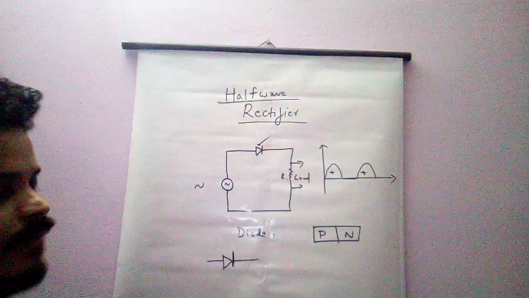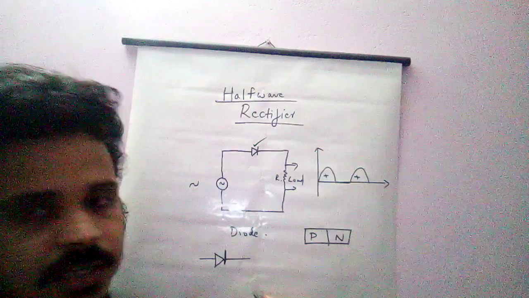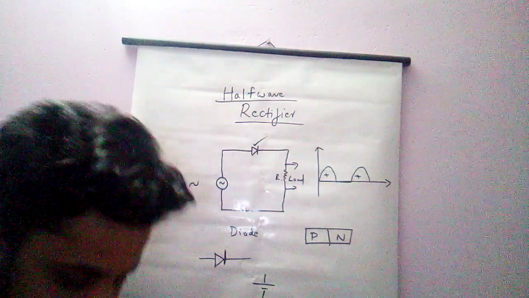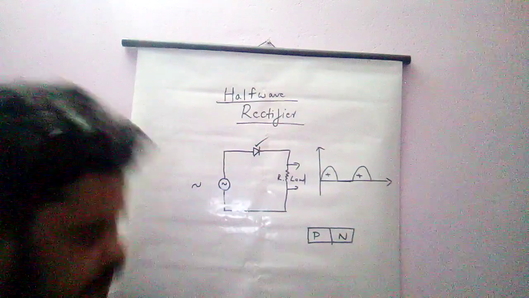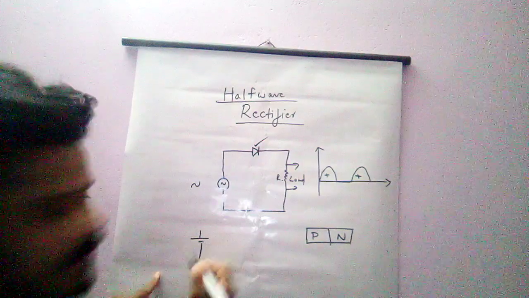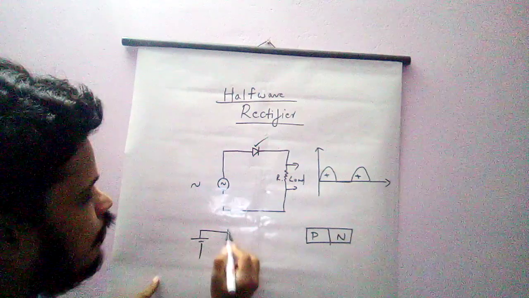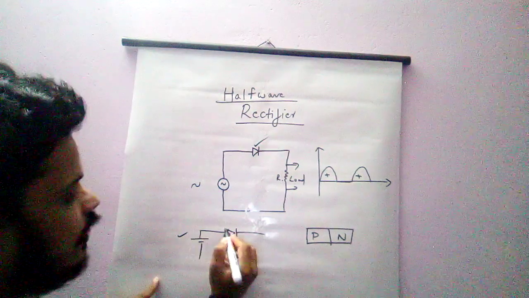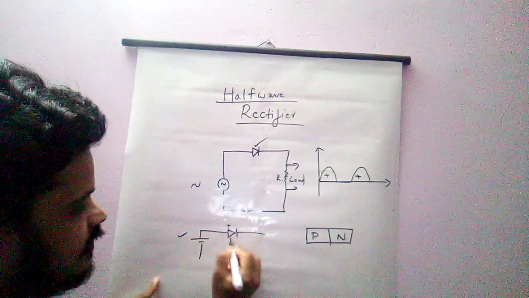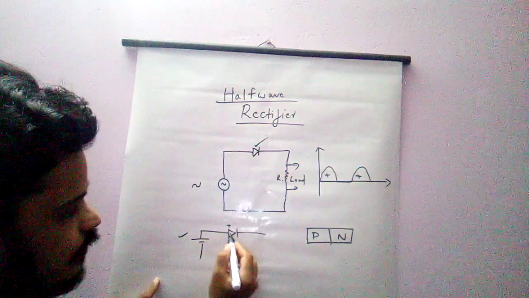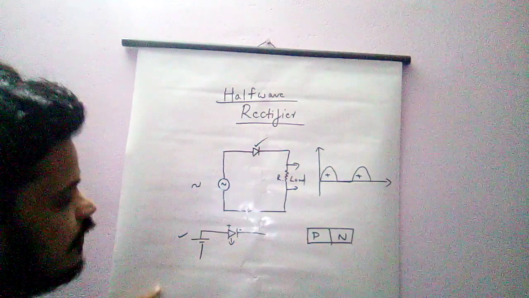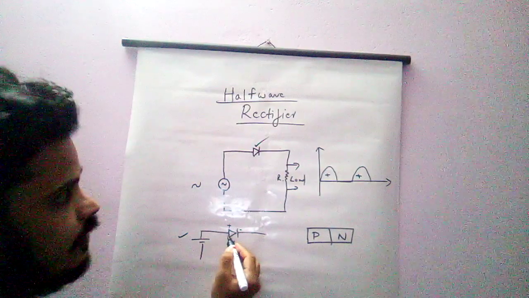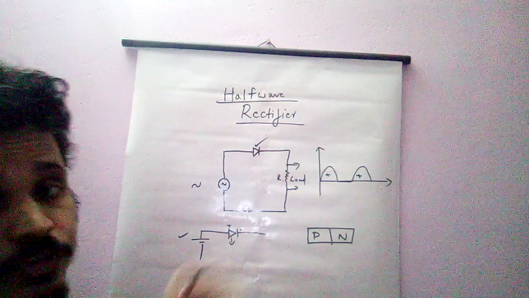Forward bias is when the positive terminal of the battery is connected to the positive side of the diode. This is the positive terminal, and this is the diode. This side is always positive and this side is always negative. So when the positive terminal of the battery is connected to the positive side of the diode, it is forward bias.